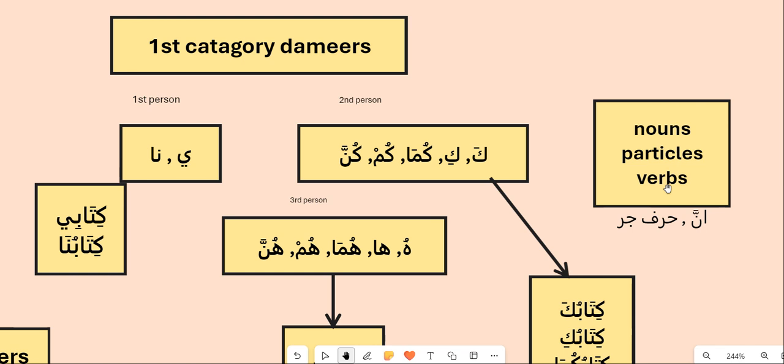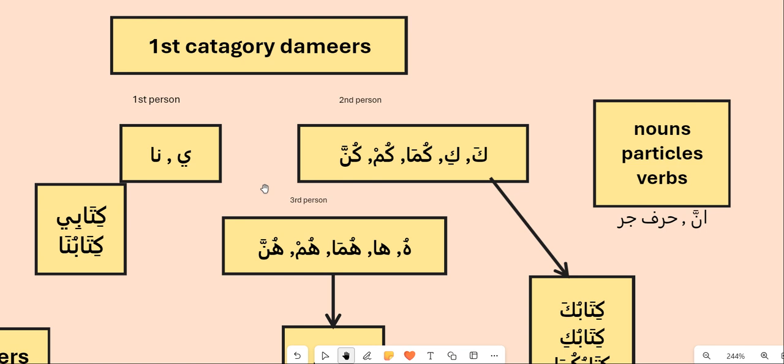Why do they attach with verbs? When you use the verb and you want to denote an object, but you cannot use a noun, instead you're using a damir. So damir comes in the position of maful bihi, then these kind of damirs are attached with the verb when it comes in the position of maful bihi.